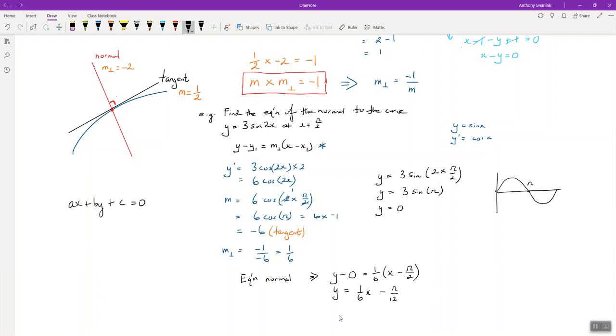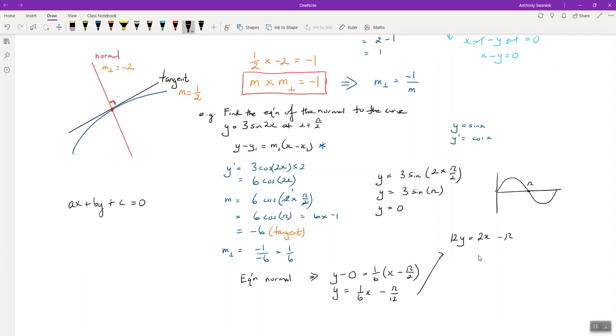So if I wanted to get it in that form, what I could do is multiply everything by 12. Okay, so if I multiplied everything by 12, what would I get? I'd get 12y equals, now 12 times 1/6 is 2, so I get 2x, and pi over 12 times 12 is minus pi.